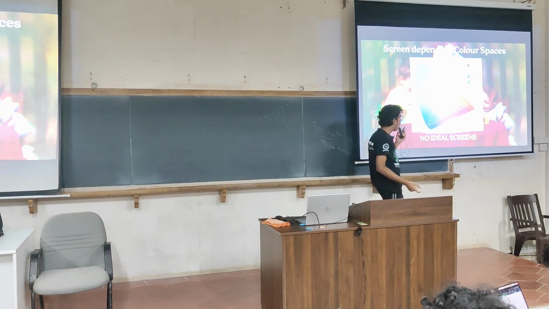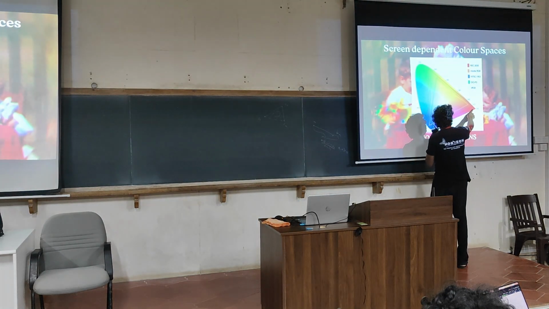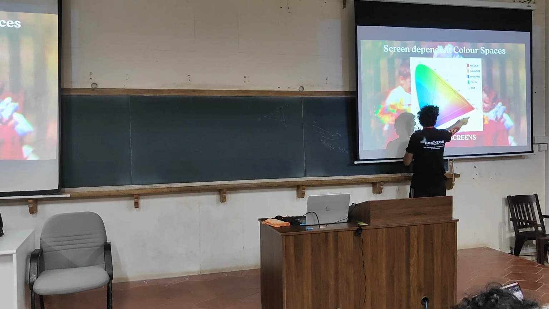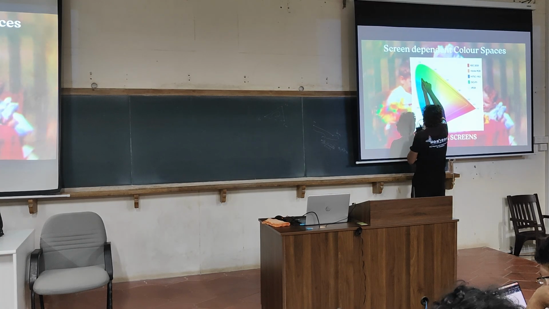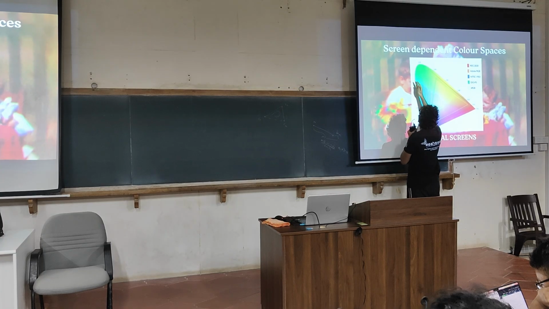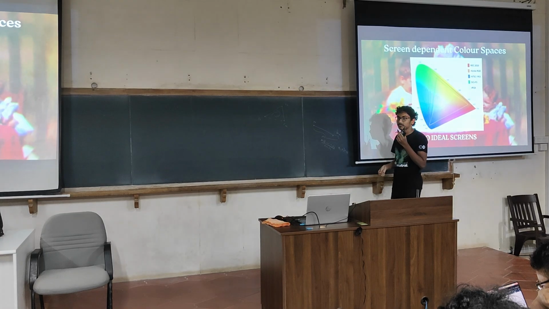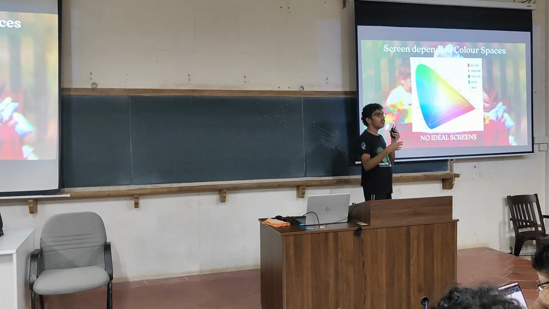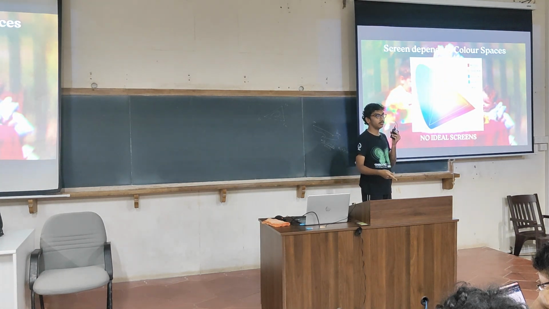No. So RGB: R is in this region, green is here, blue is here. Even if I take this end and this end, I'll get a line like this, and there are colors outside of it. With three base colors, it is impossible to represent the entire chromaticity diagram.